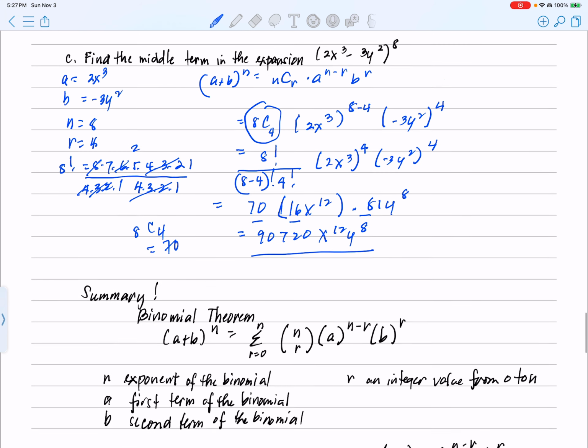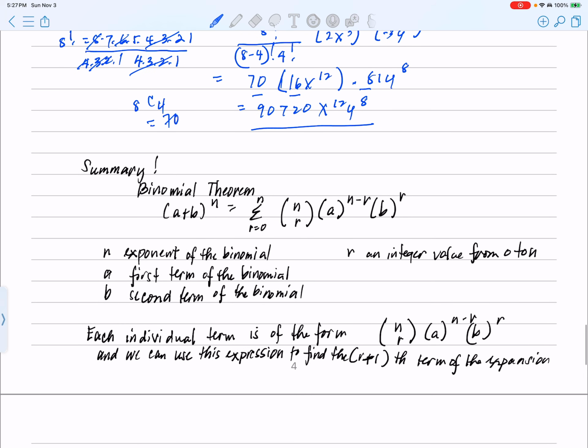Alright, let's summarize. So using the binomial theorem, you have a plus b to the power of n. That is the summation from r equals 0 to n of n choose r times a to the power of n minus r, b to the r, where n is the exponent, a is the first term, b is the second term, and r is an integer value from 0 to n.